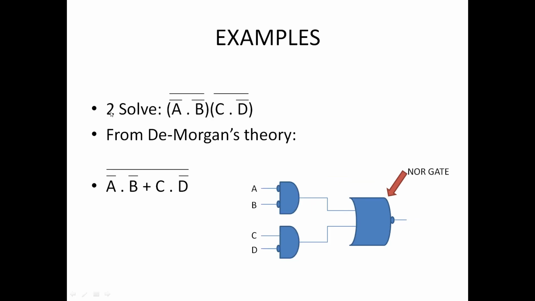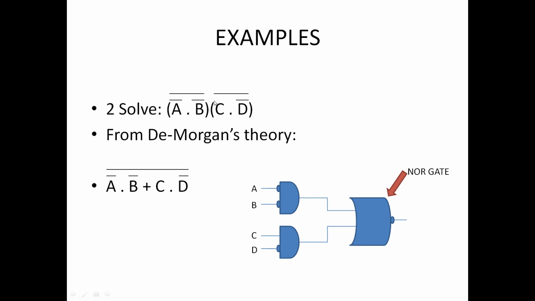Second example, solve not A and not B. So we have not A and not B. Everything is now negated. So we read it as not A and not B, multiplied by, or there is an AND in between these 2 brackets.